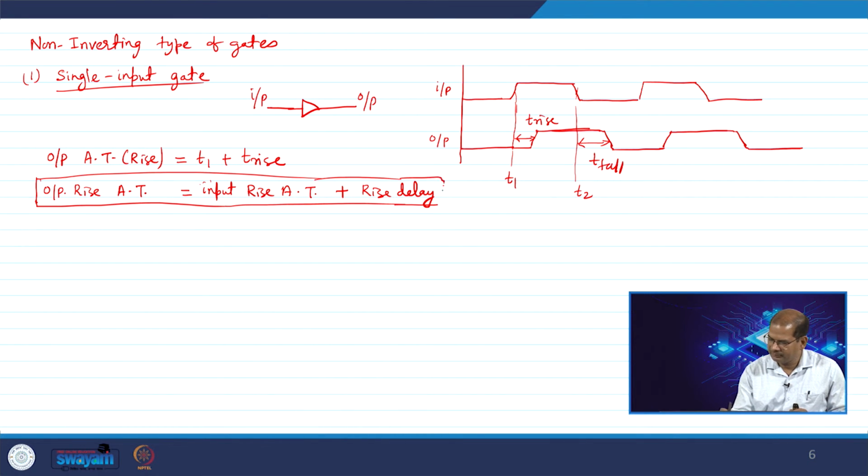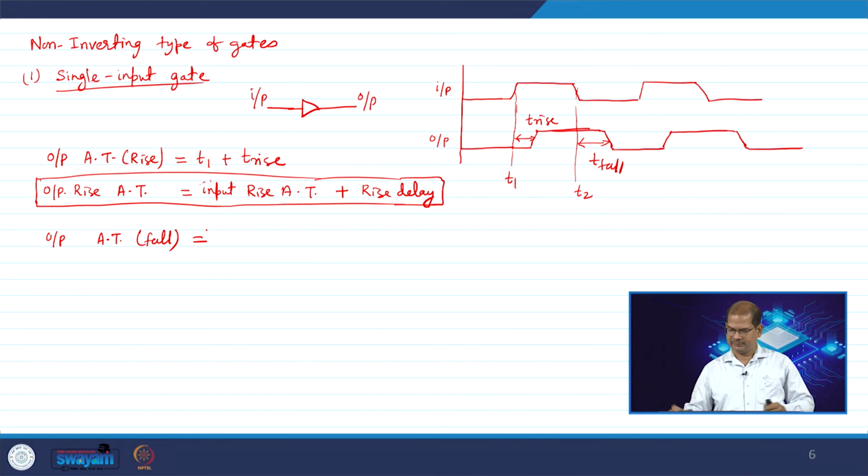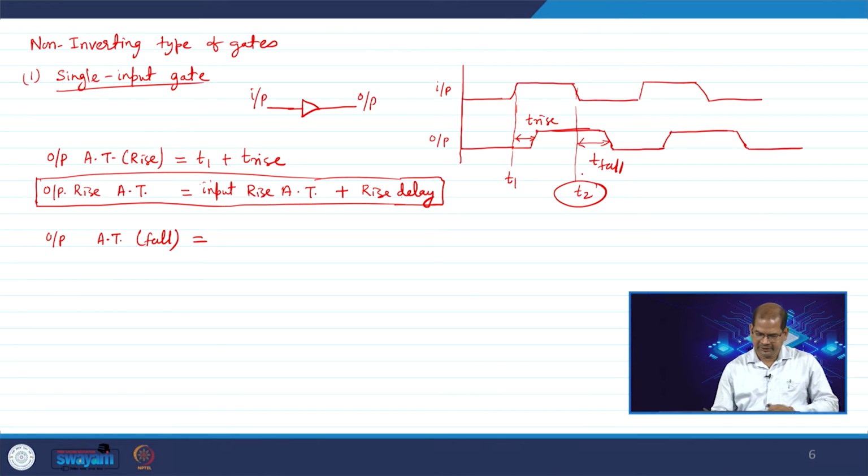Similarly, I can derive the output arrival time fall, which is basically T2. You look into the T2 here, this T2 plus T fall. Okay.